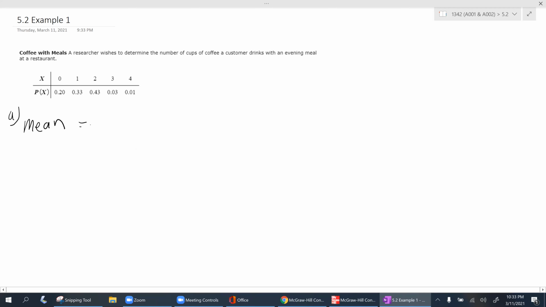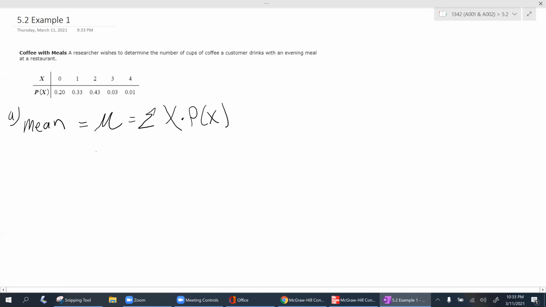Finding the mean is just going to be my mu, and this is going to be the sum of those x values multiplied with those probability values. So how do we approach this? Well, it's going to be column by column.